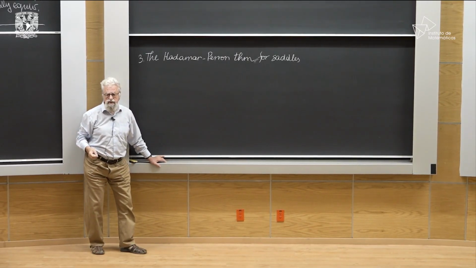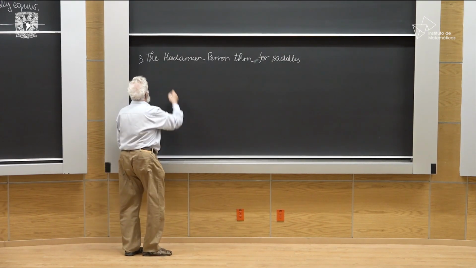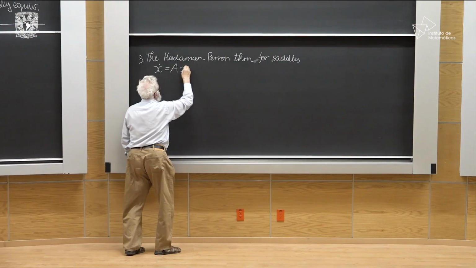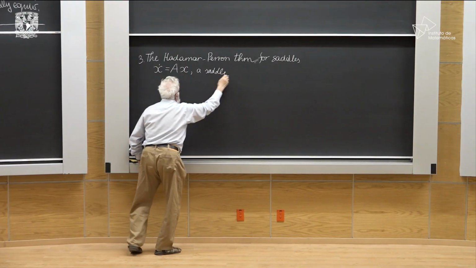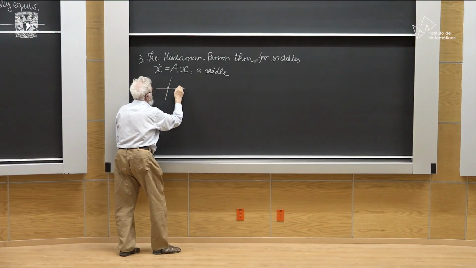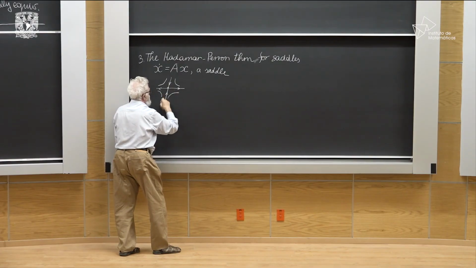I will discuss only dimension 2, and for the linear saddle, we have the eigenvectors of the linear part. They generate two straight lines. On one, the motion is to the singular point, on another from, and the orbits are like this.